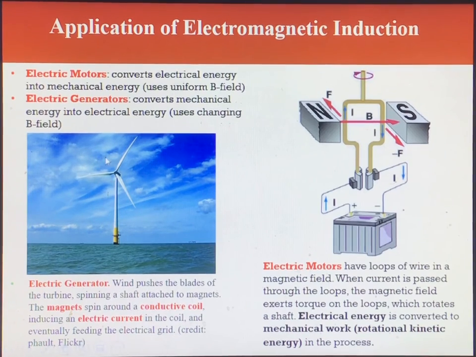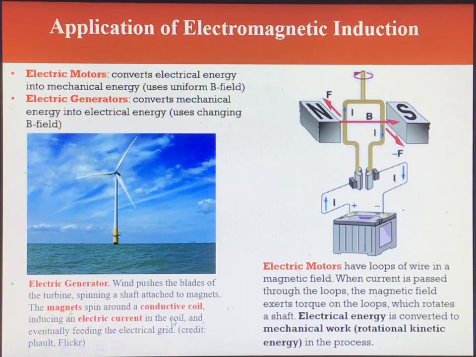As this is rotating, it has mechanical energy, but this is designed in such a way that the blades are connected to a spinning shaft attached to magnets, and the magnets spin around a conductive coil, therefore inducing electric current in the coil.